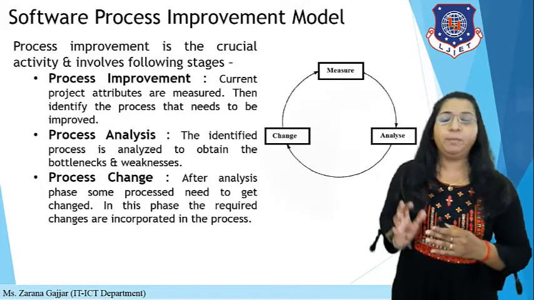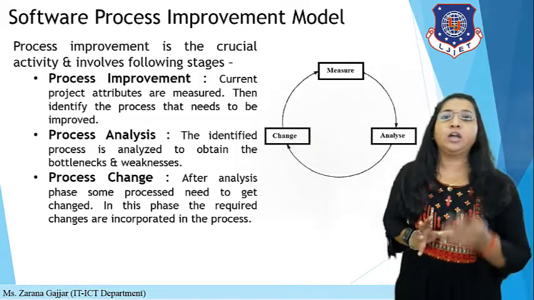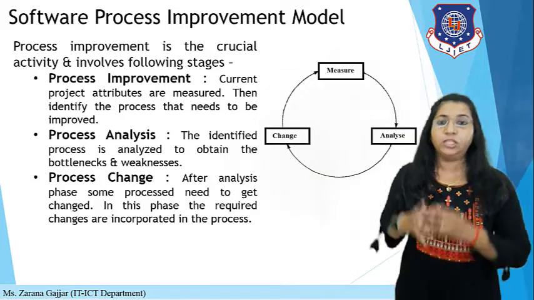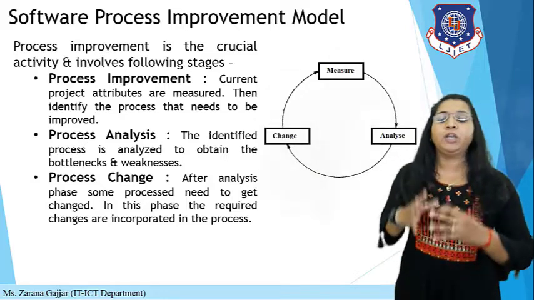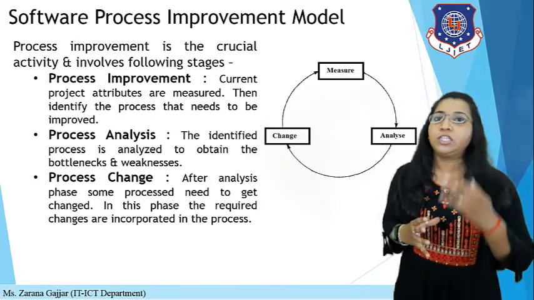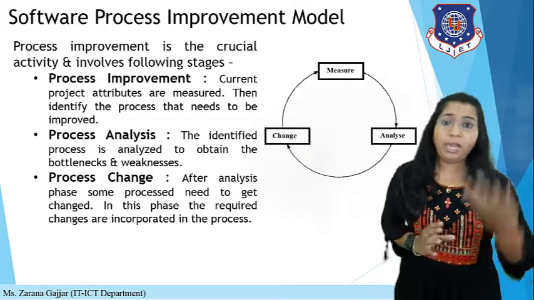So if you want to improve something in your software project, you have to identify the current project attributes and which particular component or attribute needs to be improved.